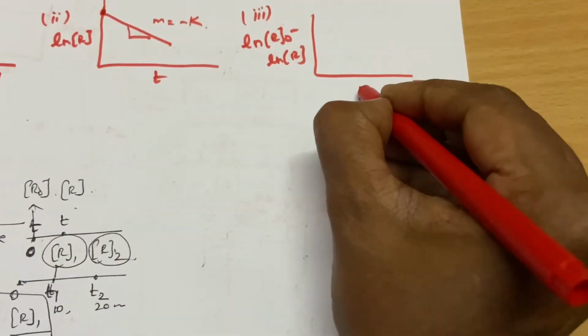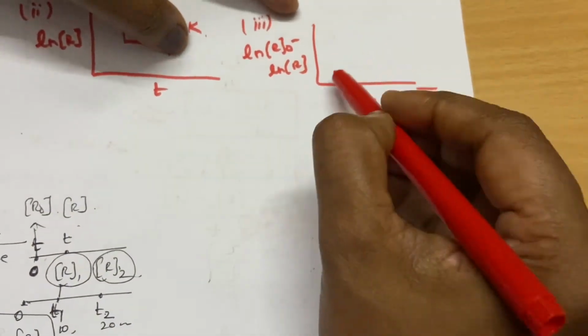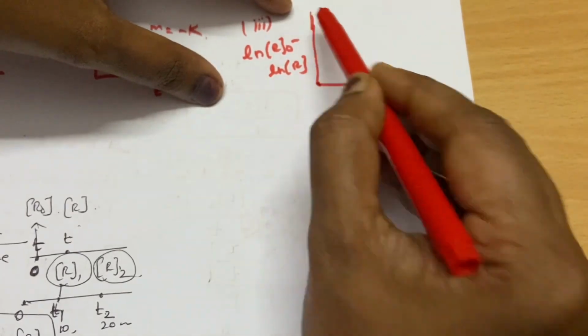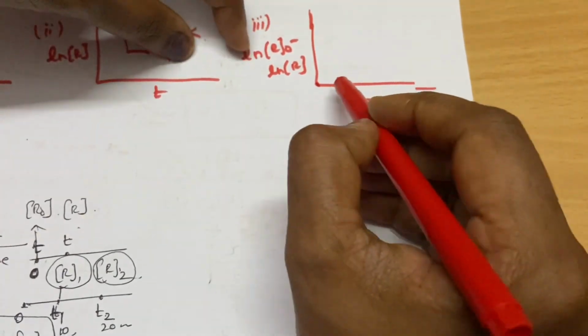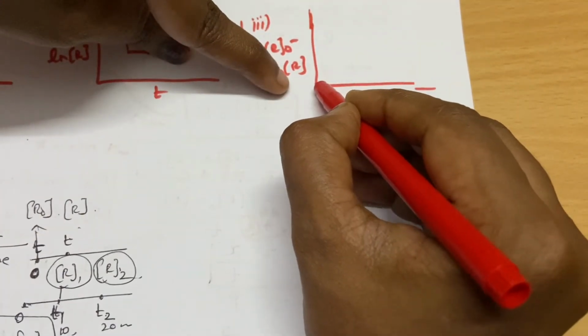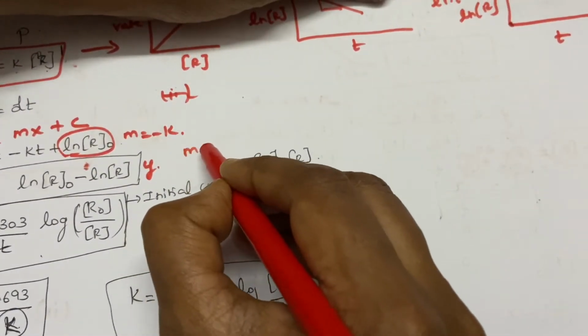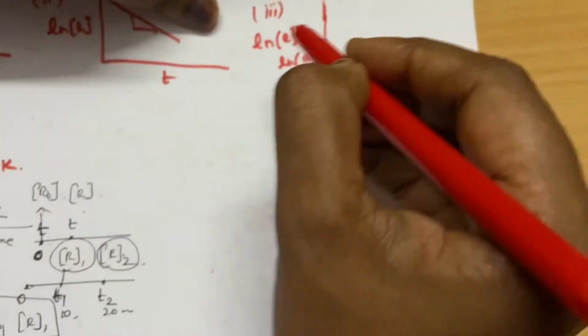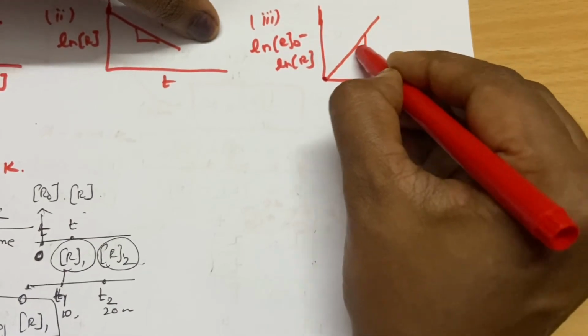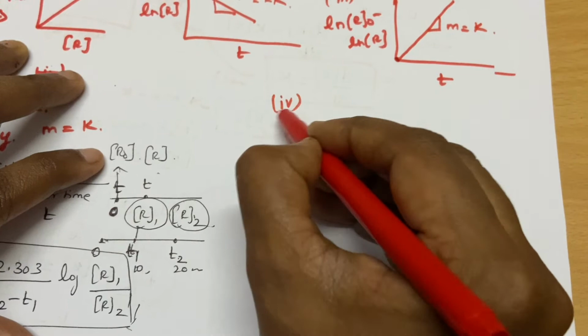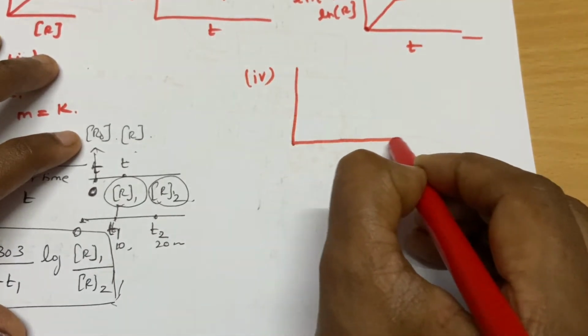This is your time. So the intercept is 0. What is the intercept? Where it strikes the axis. So here it must start at 0, and it is a positive slope. What is the slope value? The slope value is equal to k. So it will go like this, and the slope value will be equal to k. This is for your question, and this answer I will discuss in the next video.